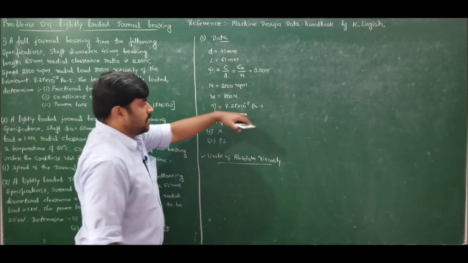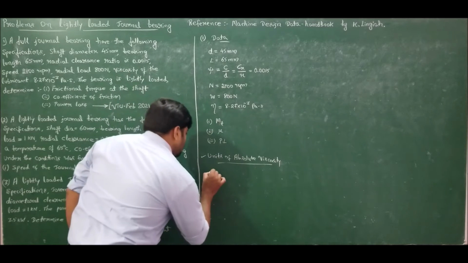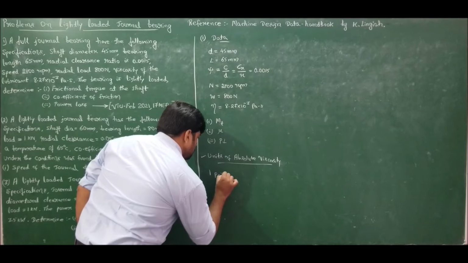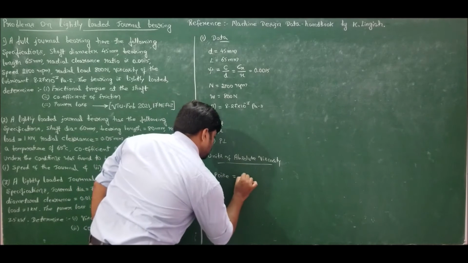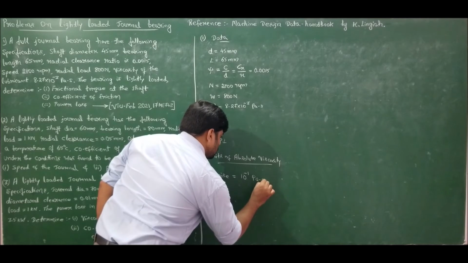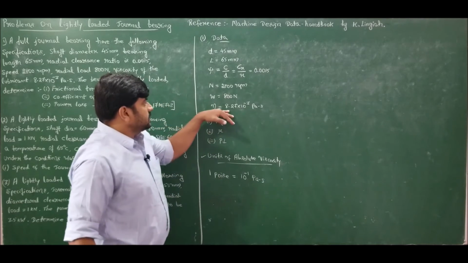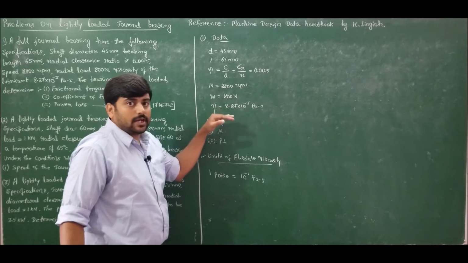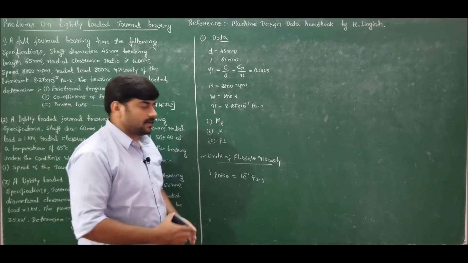Always I want it in pascal second. One thing is he can give it in poise. 1 poise is equal to 10^-1 pascal second. If he has given the value as 8.27 poise, then I should take it as 8.27 × 10^-1 pascal second.